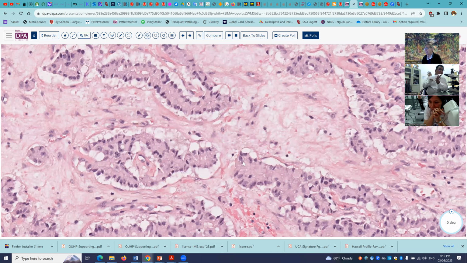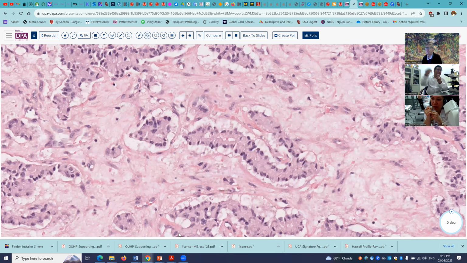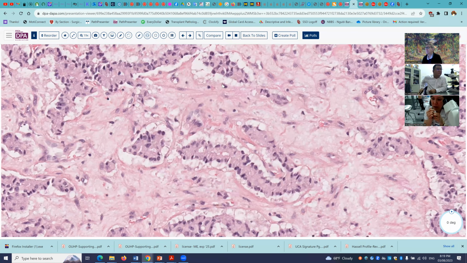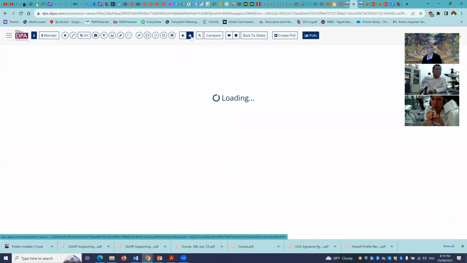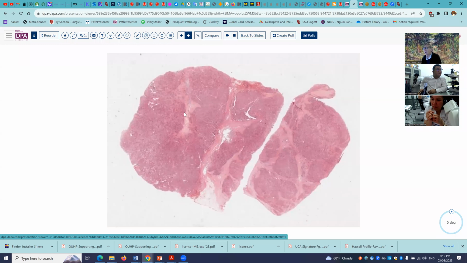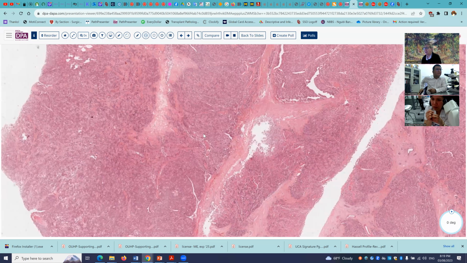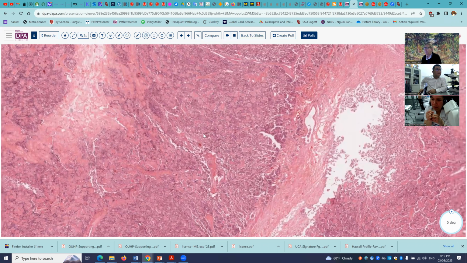And these pseudoglandular changes can also be quite deceptive and lead us to think about adenocarcinoma in the differential as well. So our threshold to order stains to look for the neuroendocrine differentiation should oftentimes be fairly low.